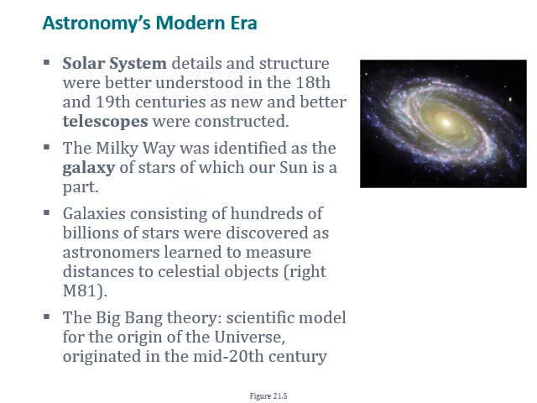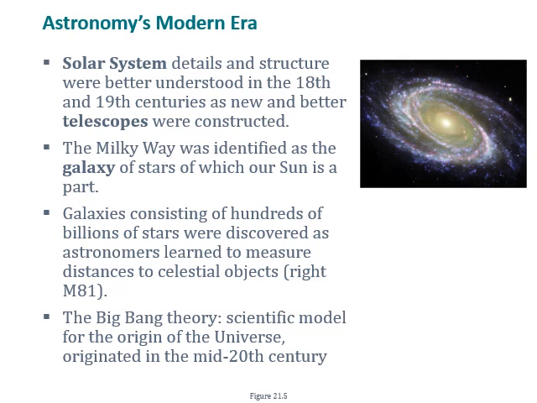In the 18th and 19th centuries, new and better telescopes were constructed, producing a better picture of our solar system and its structure. The Milky Way was identified as the galaxy of stars of which our Sun is a part. Galaxies consisting of hundreds of billions of stars were discovered as astronomers learned to measure distances to celestial objects, for example, the M81 galaxy on the right.